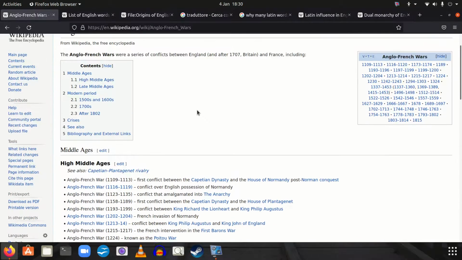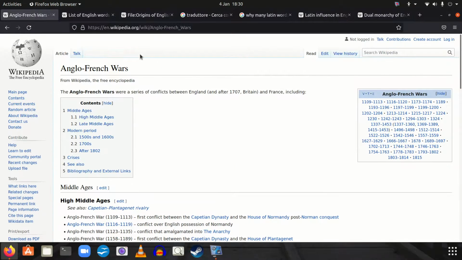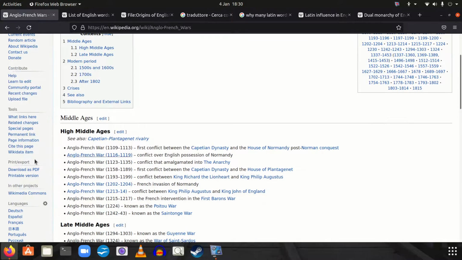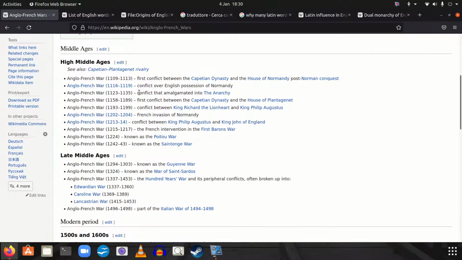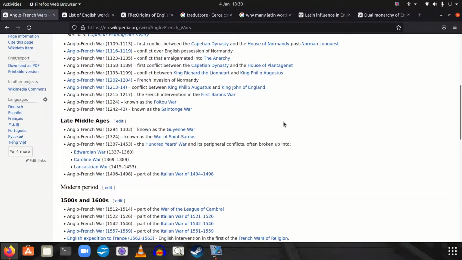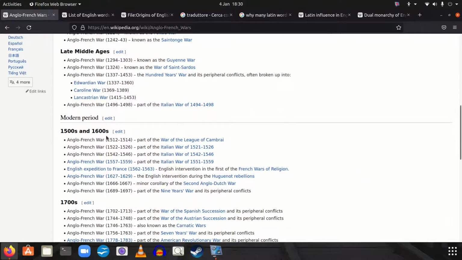Here we have all the wars between the English and the French. Of course, I'm using Wikipedia. So we have here the first conflict in 1109. Then we have a lot of other wars. Here you have all the list.